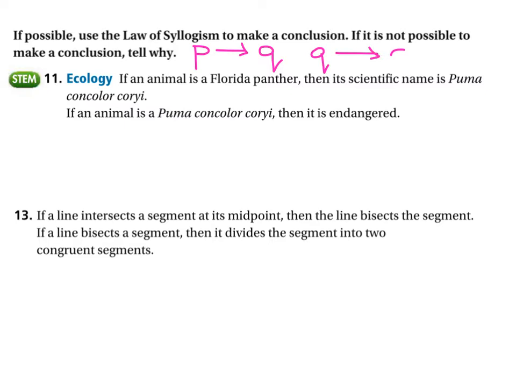And if that's true, that leads to this. So knowing this is true leads right to here, which leads us right to there. And so essentially what you can do is combine those two into P directly implies R.